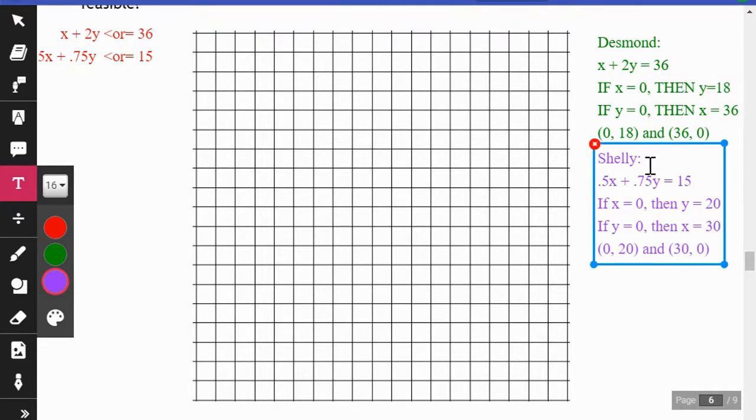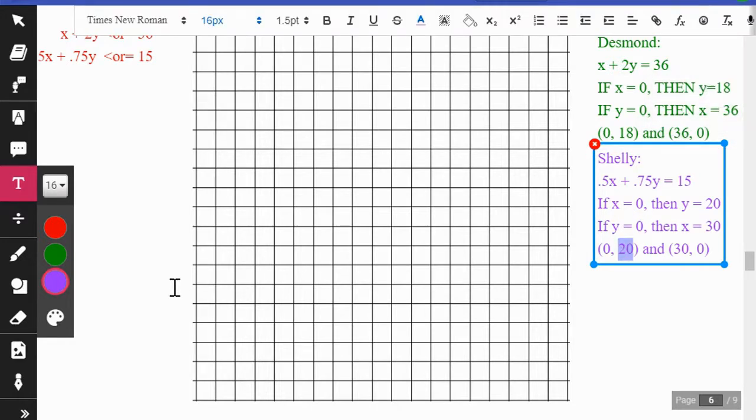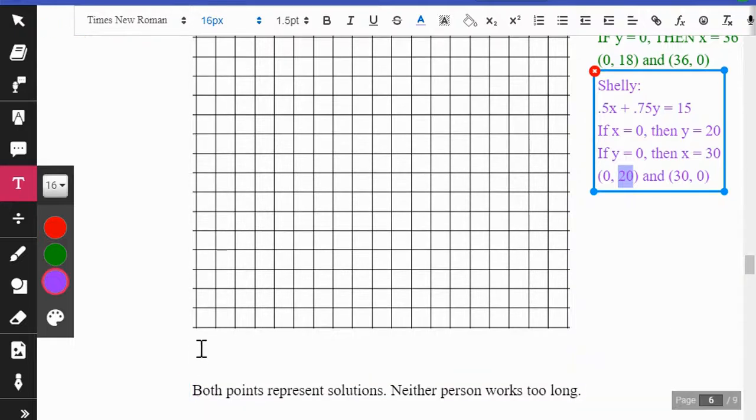Now I just have to graph all of these. Notice my biggest number is 36 for y's and my biggest number is 30 for x's, so I have to make sure I count correctly for that. I'm just going to count by 2's because it'll work best.